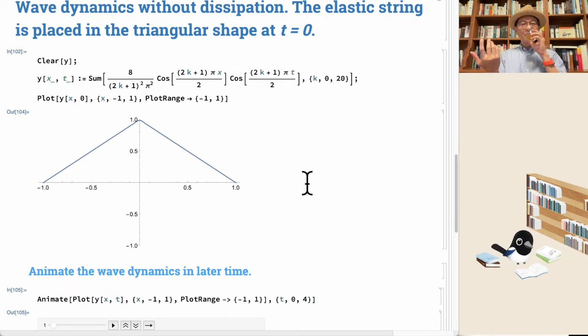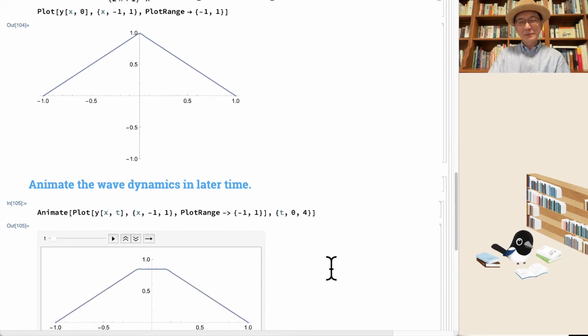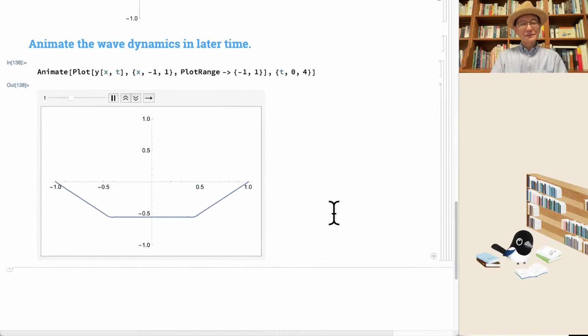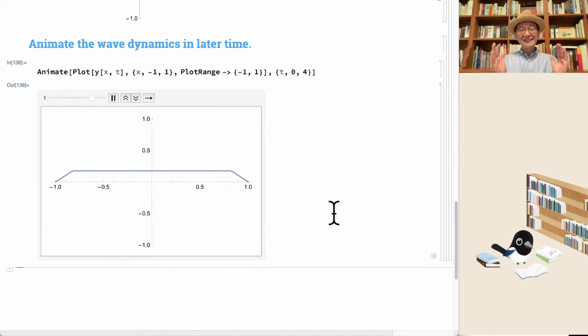Do you know? So let me try to animate the wave dynamics at later times. And this is really fun. So look at this. This is how a triangular wave will oscillate when you release it.